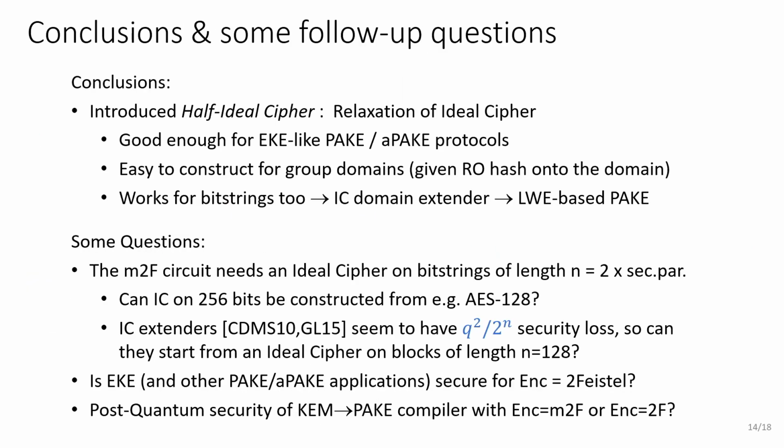To wrap up, this is what we do. Some questions remain: this ideal cipher that we use needs 256 bits, and I'm not sure how to construct it. I'm not a symmetric cipher design person, but are there some constructions we can just take out of the box?